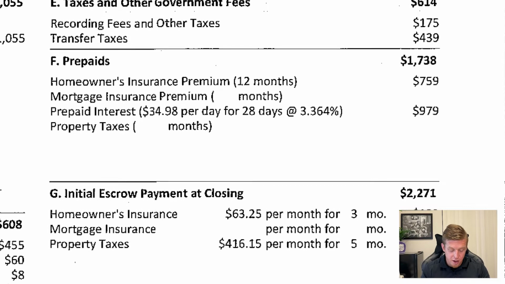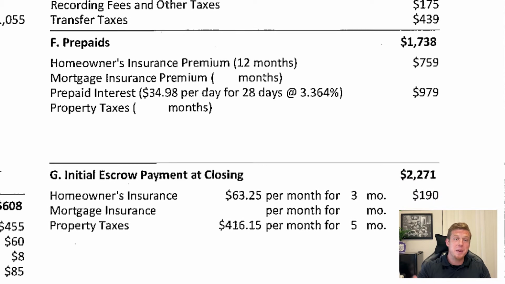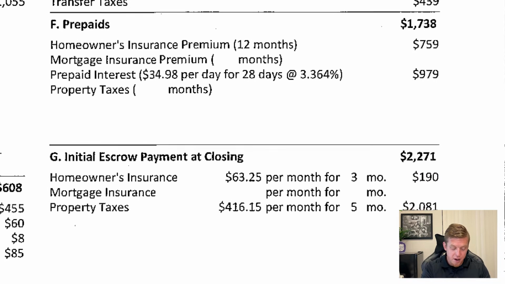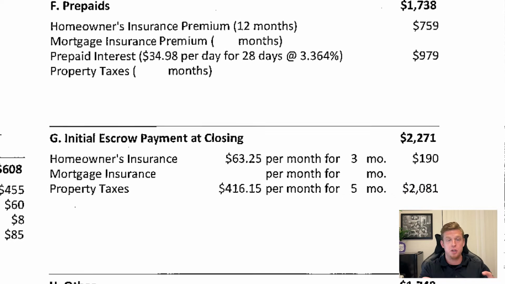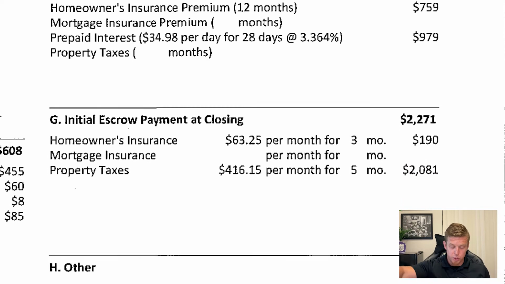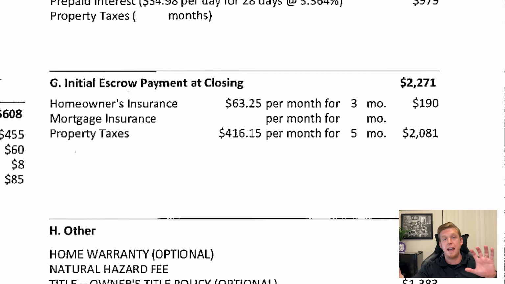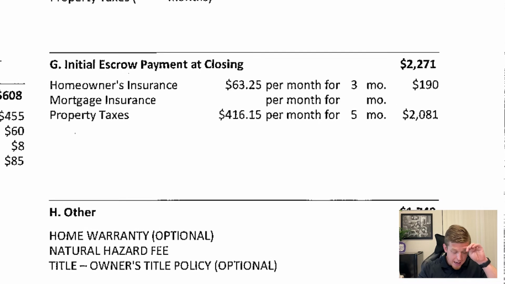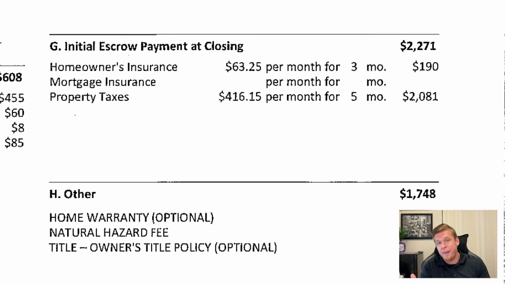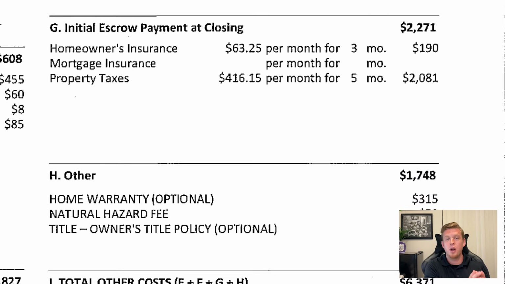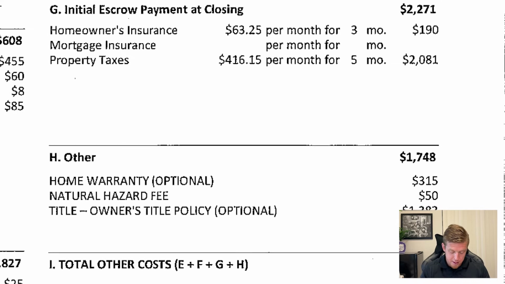So depending on what month we land in when the next tax bill is due will depend on how much this initial escrow payment is going to be at close. They might hold 2 or 3 months of reserves on the homeowners insurance side after the full 12-month premium, and they might do 4, 5, 6 months of property taxes based on what month you're in. The month we're in determines that.